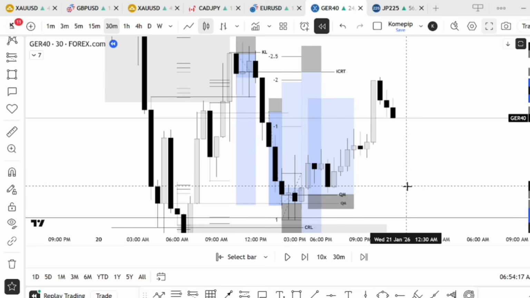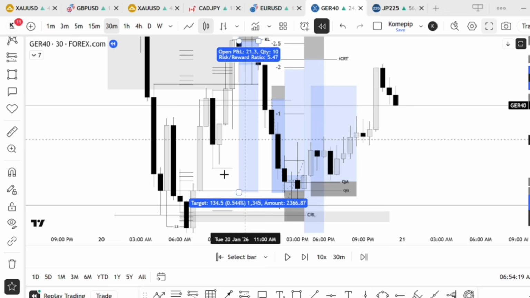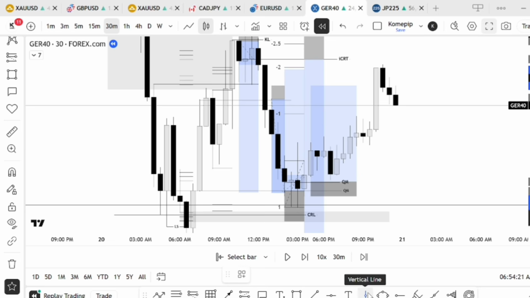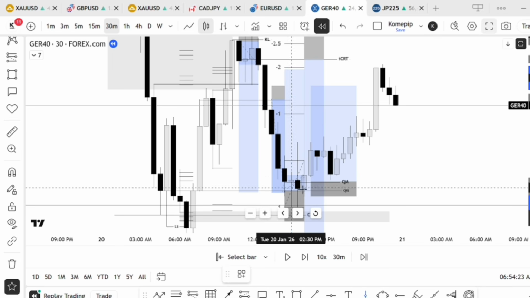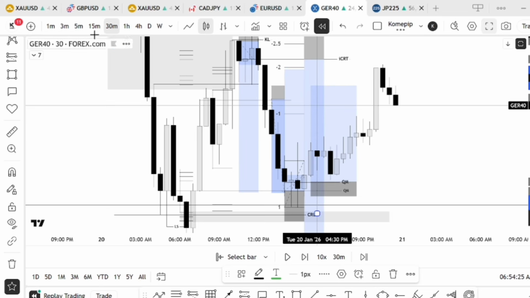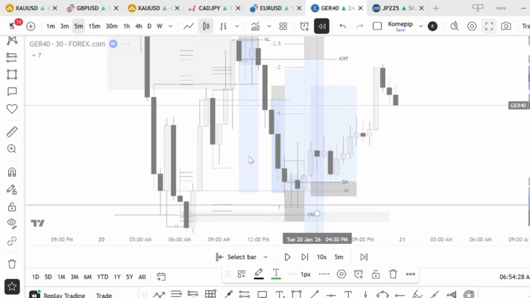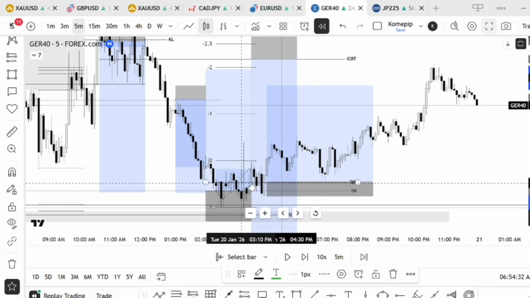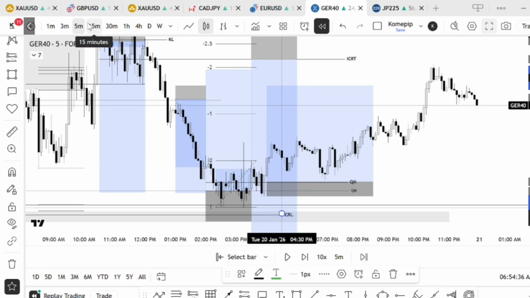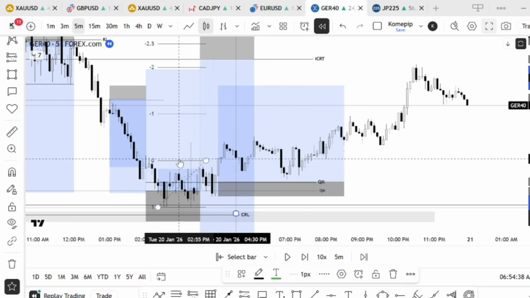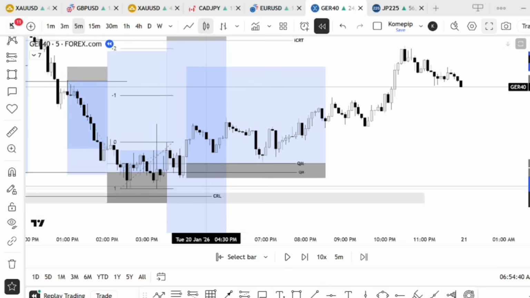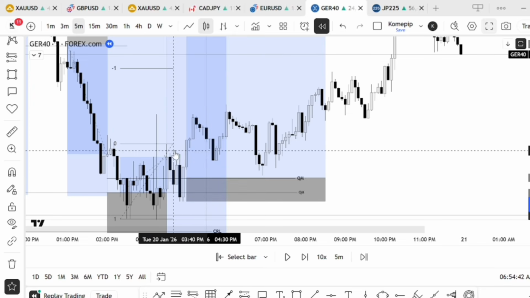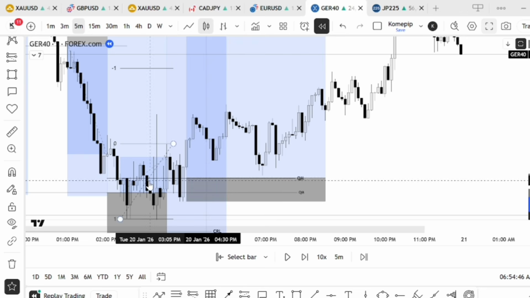Now how could we have gotten involved? Well, where I place my entry, I think I'm okay with that zone. I haven't seen that 30 minutes level. Because the time frame alignment for that will be the 5-minute time frame, but this 5-minute time frame looks a little bit choppy, and it had a lot of ICRT.